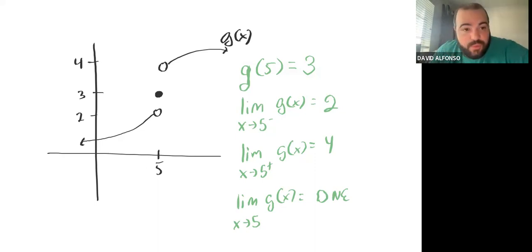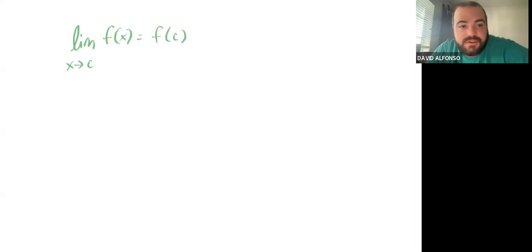Now, most of the time, direct substitution does work. Most of the time, you do learn about direct substitution, which is that most functions don't have any problematic issues, right? So for most cases, you can plug in the value of x into the function, and that value is the limit.